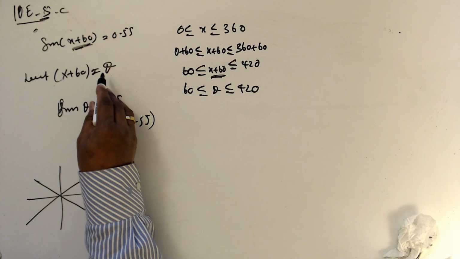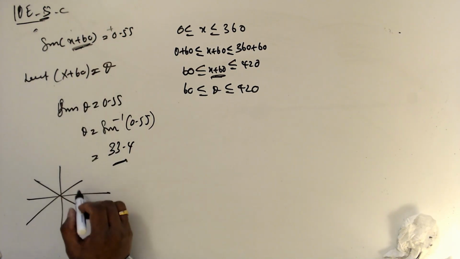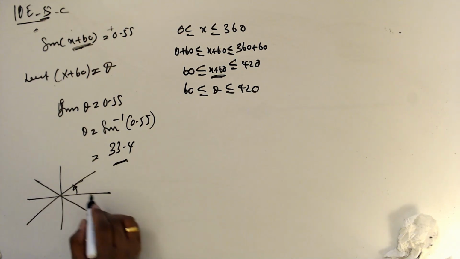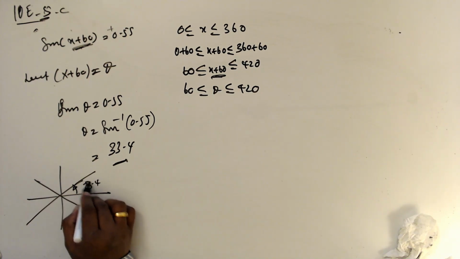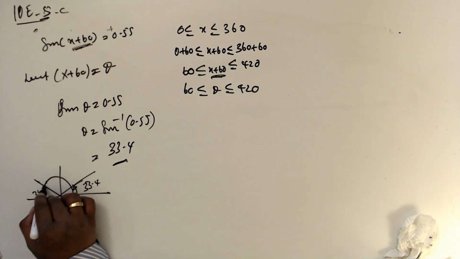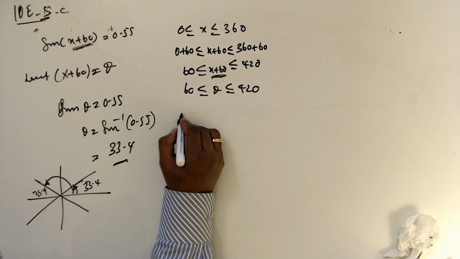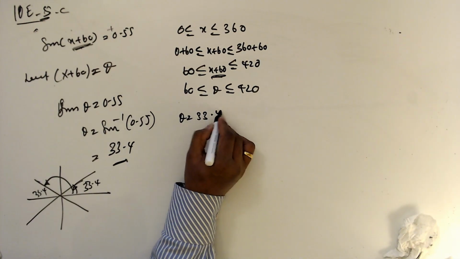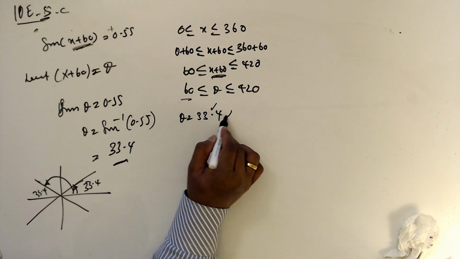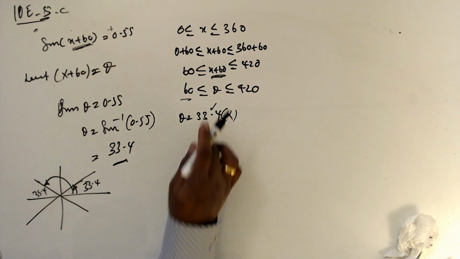Then sin is positive value, then it has to be in first quadrant and the second quadrant. So this is 33.4 and this is 33.4 and the second one is this one. So one answer is 33.4, which is out of range. We can't take this one, right?